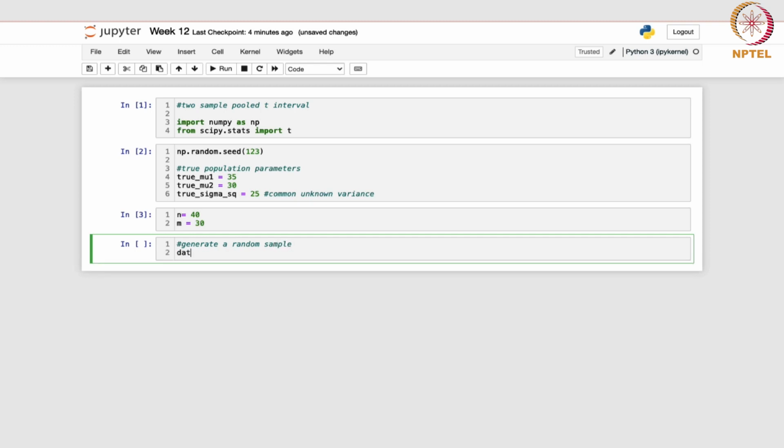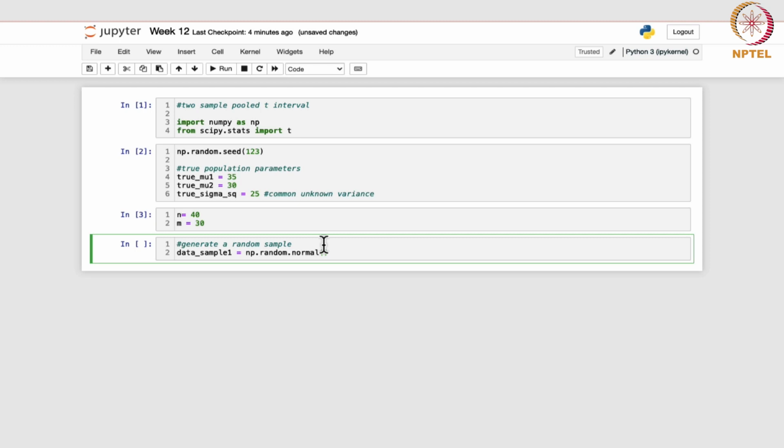In this case, we are going to define a variable data_sample1 as np.random.normal, because we have to draw a random sample from the normal distribution. It is going to use the numpy library's function, and we are going to draw a sample from a normal distribution whose mu and sigma square are already defined.